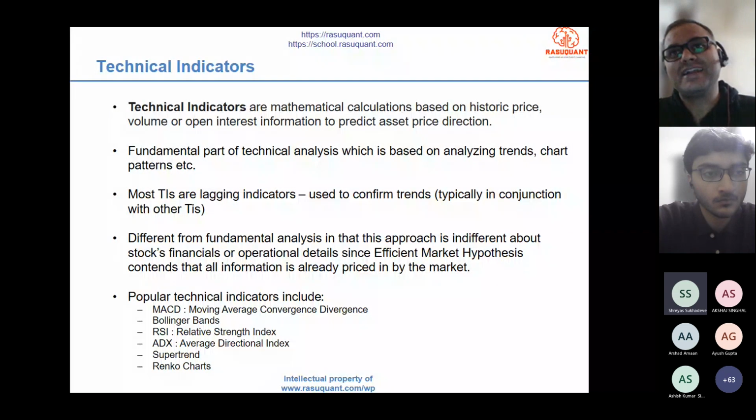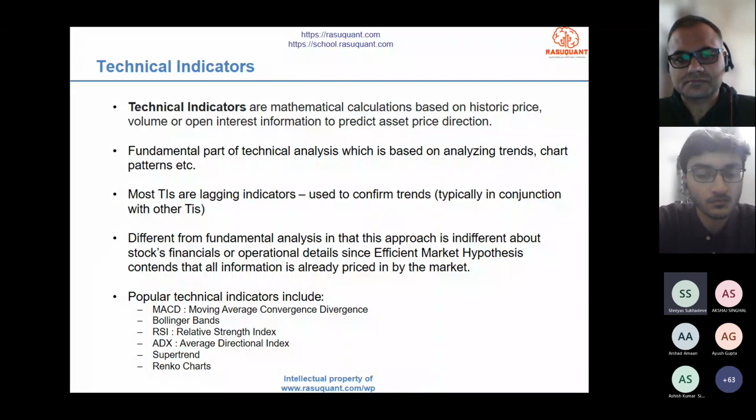So you would have 91 moving averages. You take the average of the 10 prices from point 1 to point 10, then from point 2 to point 11, then from point 3 to point 12, like that. So that's one simple technical indicator.